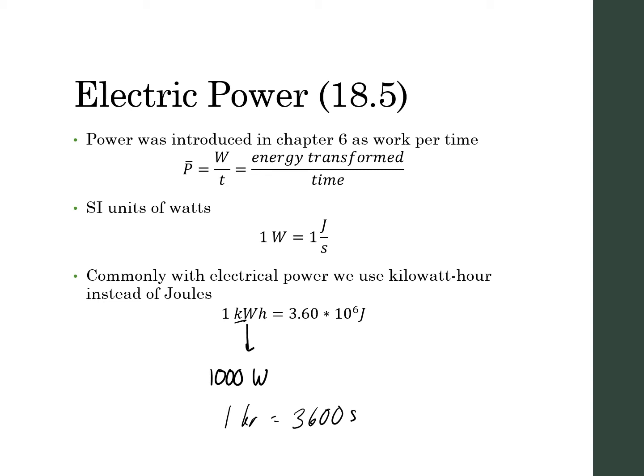A kilowatt hour is watts times the hour, and that's how you get it to joules. Because again, watts is joules per second. You can go through the conversion to get rid of seconds and convert it to hours. That's how kilowatt hours end up working out. So a kilowatt hour is a measurement of energy. However, it's not an SI unit, so you will have to convert back and forth.